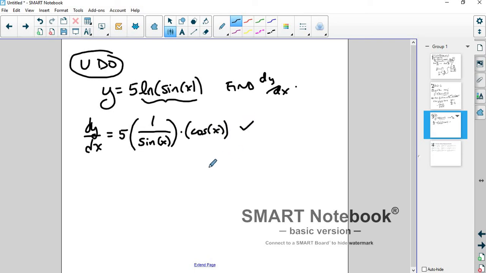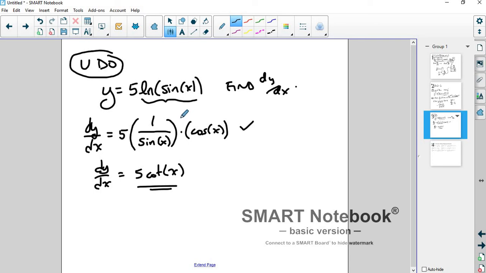And again, I'd be fine if you left it that way. To be fair, if we simplified this, cosine over sine is cotangent, so it actually simplifies significantly to 5 cotangent of x. Okay? And so that's the way you handle the natural logarithm. It's 1 over the stuff times the derivative of the stuff, or if it's just natural log of x, it's just 1 over x.